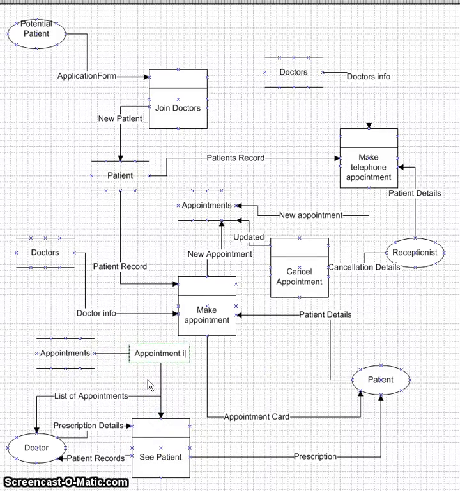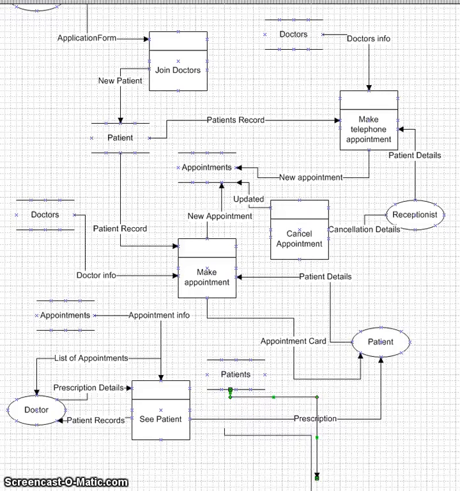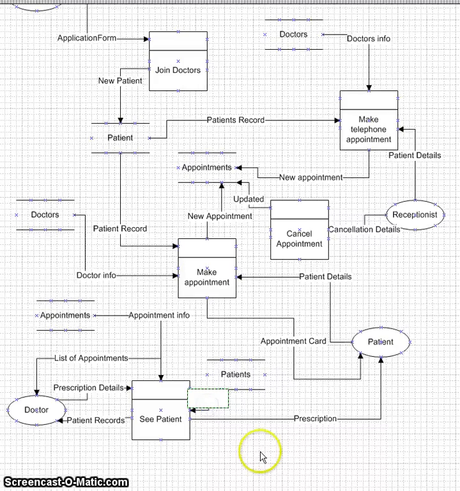So, appointment info, and I'm going to bring in a copy of the patients, because one thing the doctor will need to get is the patient's records. It already states that in the scenario. Patient record.